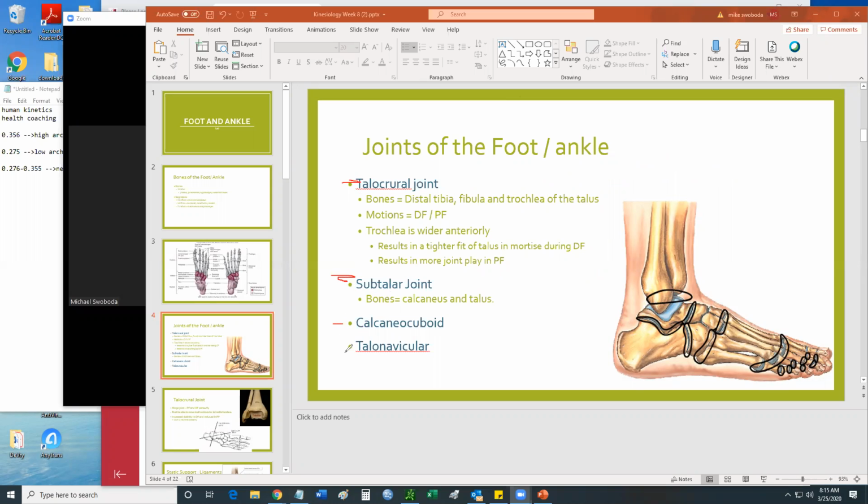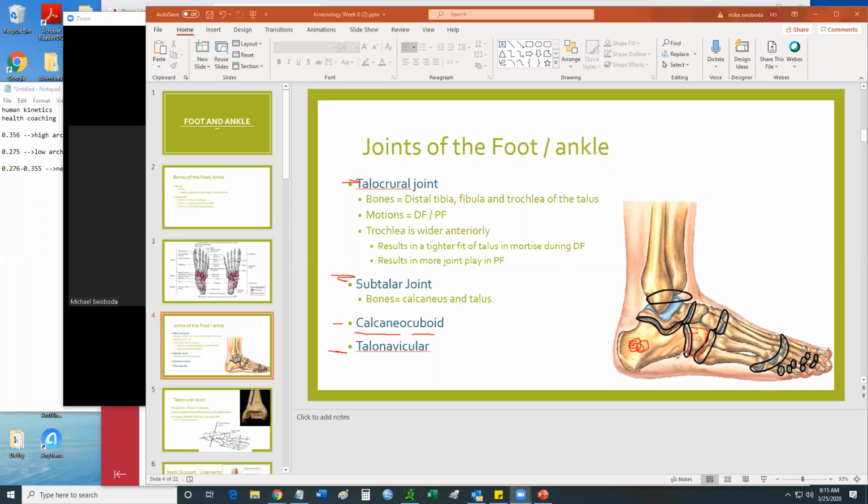And then all your other joints are just going to be combinations of the two bones that make up that joint. So calcaneal cuboid, that is your calcaneus, which is right here. So your calcaneus bone or your heel bone, and your cuboid bone, which attaches right next to it.